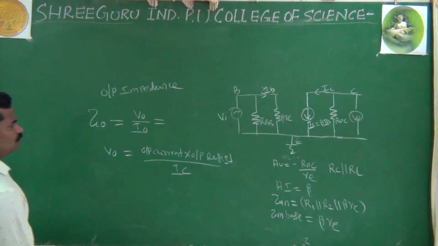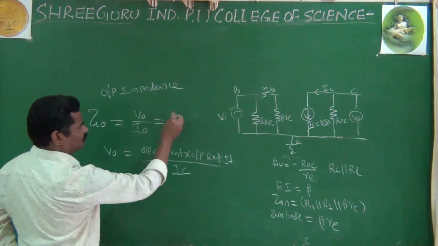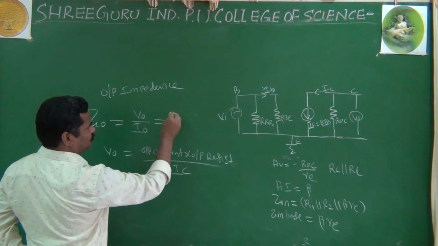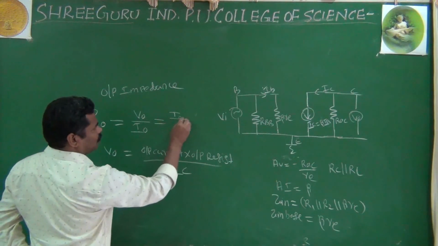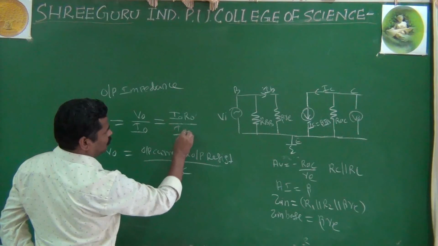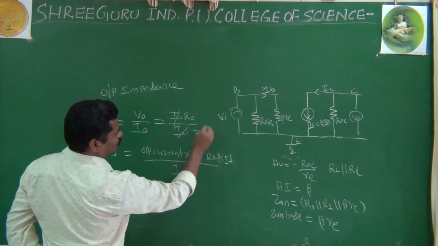So V0 is equal to I0 into R0, divided by I0. I0 cancels, and it becomes only R0.